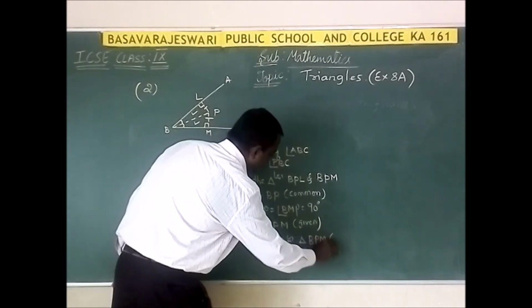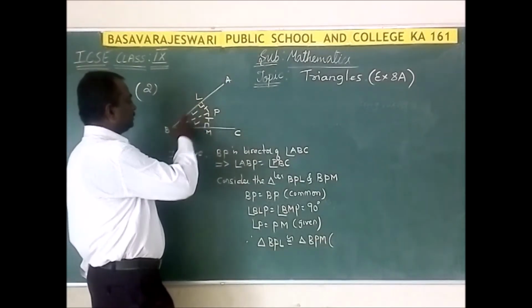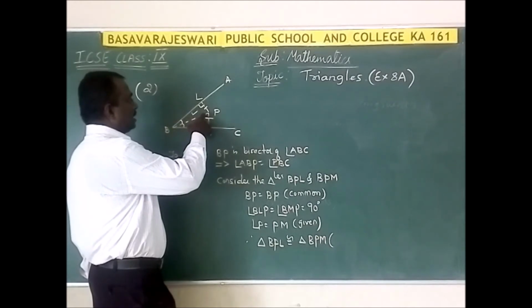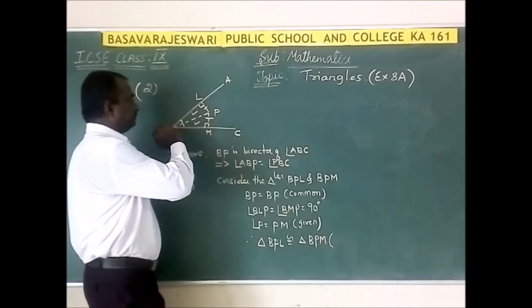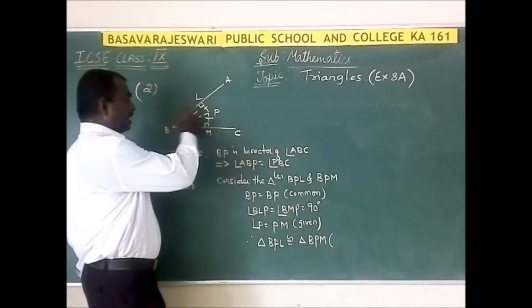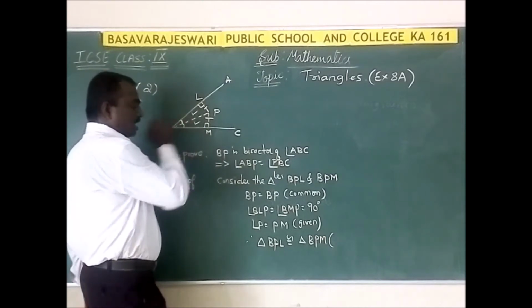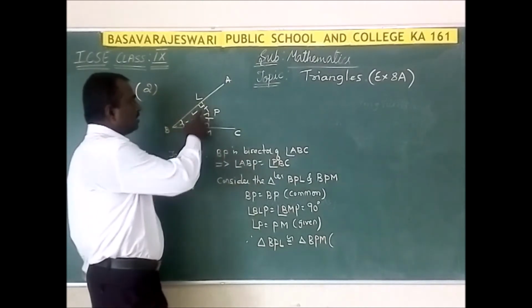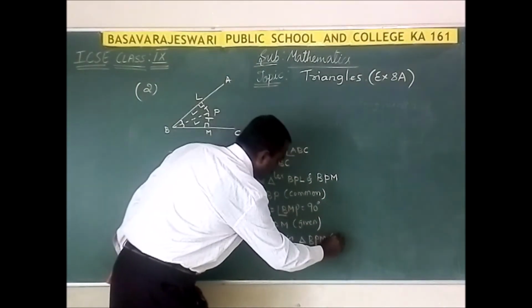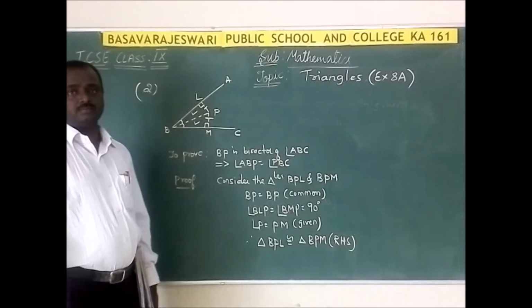On what basis are they congruent? We can take RHS here. One right angle, this is the hypotenuse opposite to the right angle, and one side. So on the basis of RHS, because it is a right angled triangle.